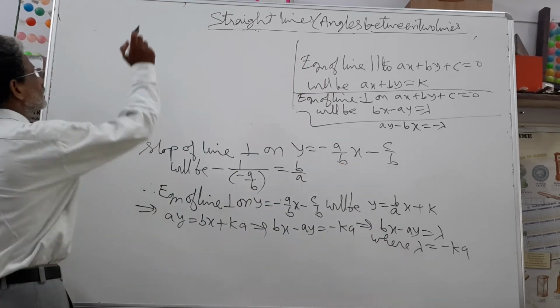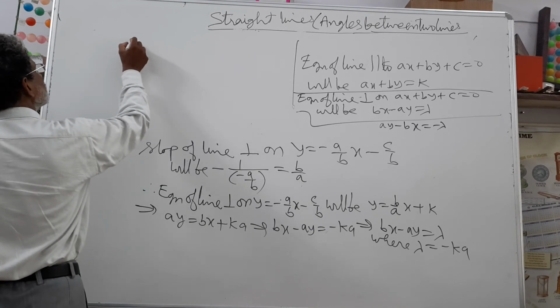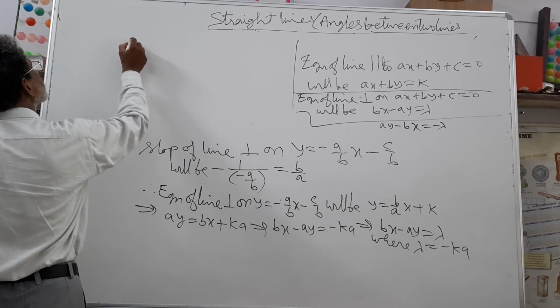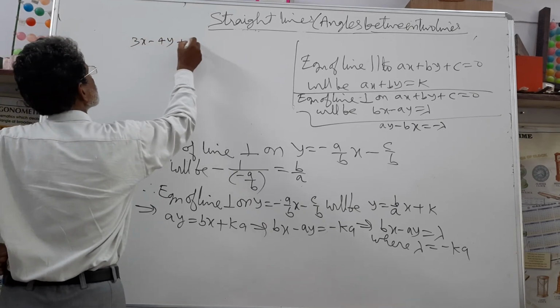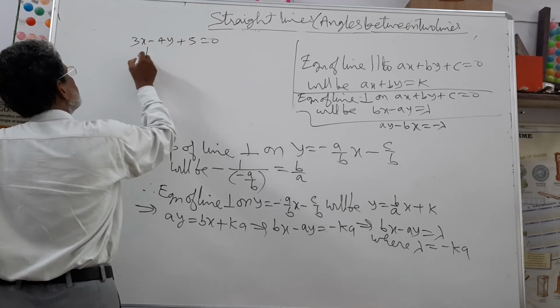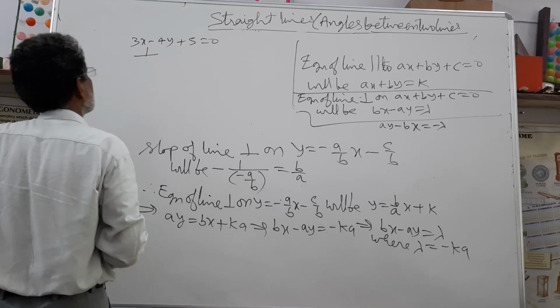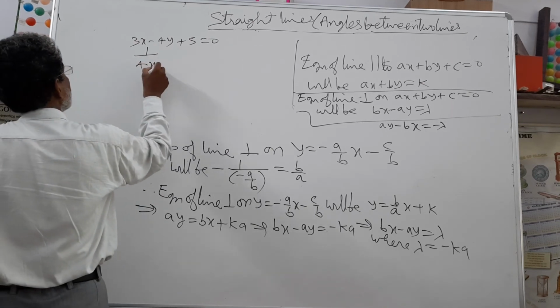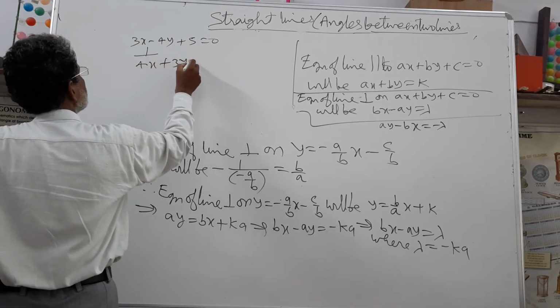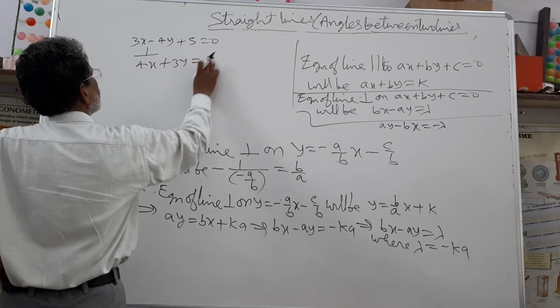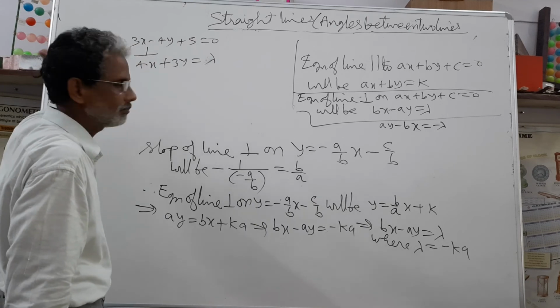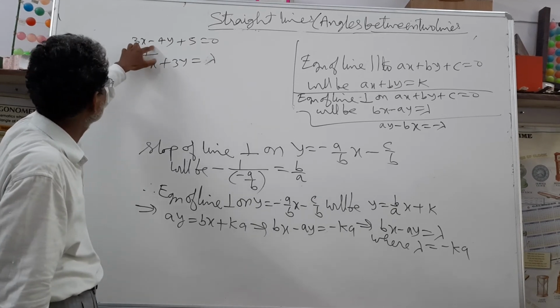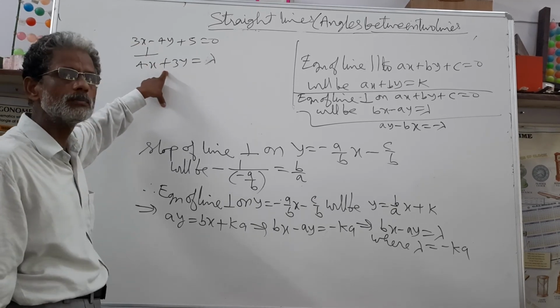That is, if the line is 3x minus 4y plus 5 equal to 0, then its perpendicular line will be 4x plus 3y is equal to lambda. Here the sign is plus, we change it. Here the sign is minus, we change it to plus.